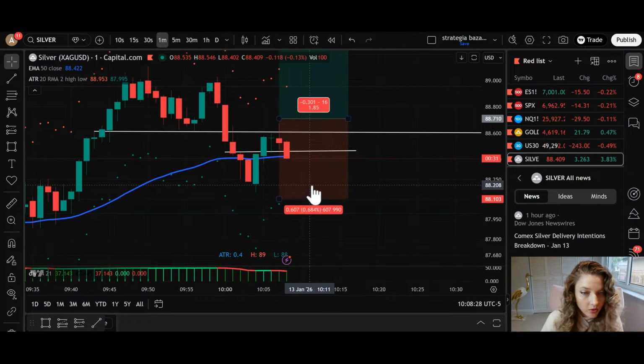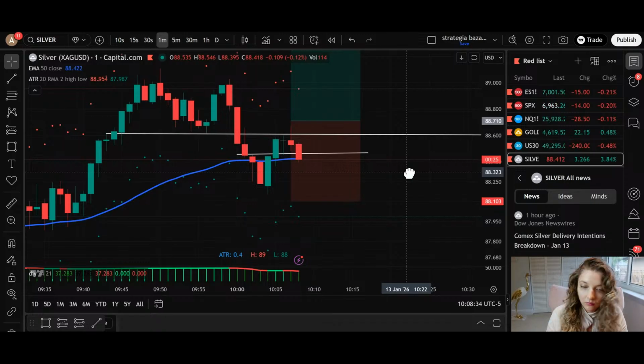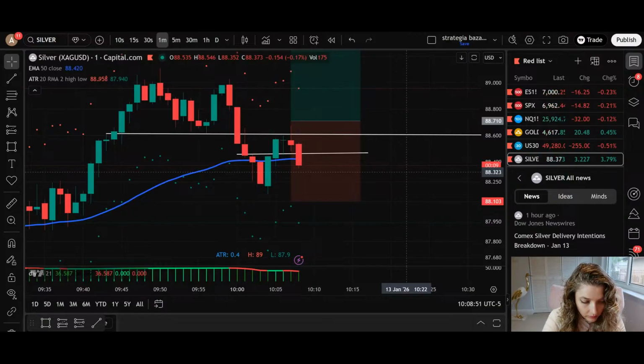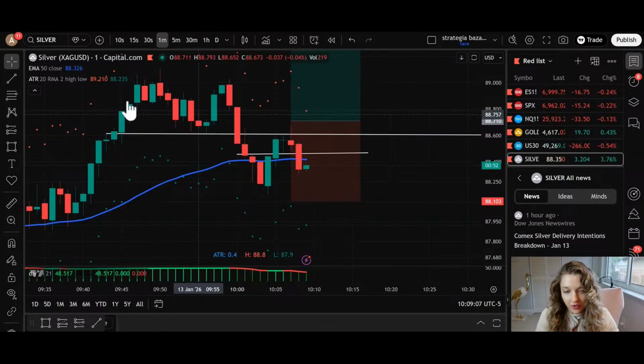Strongly bearish below the EMA. Yeah, you see, it was an M pattern.